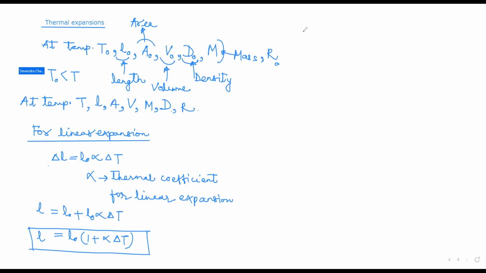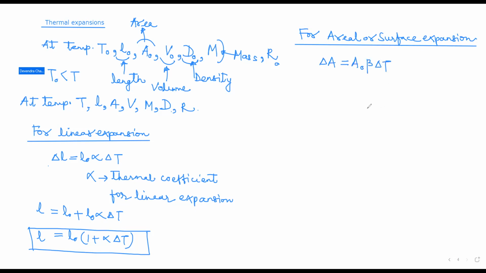No, sir. For aerial और surface expansion, superficial expansion भी बोलते हैं इसको, right? For aerial or surface or superficial expansion, we have change in area is equal to A naught beta delta T. What is this beta?